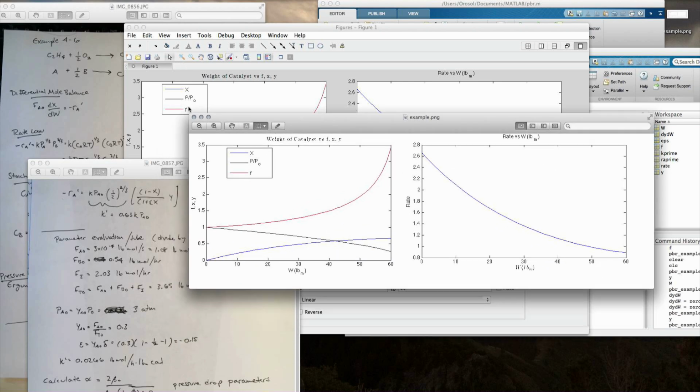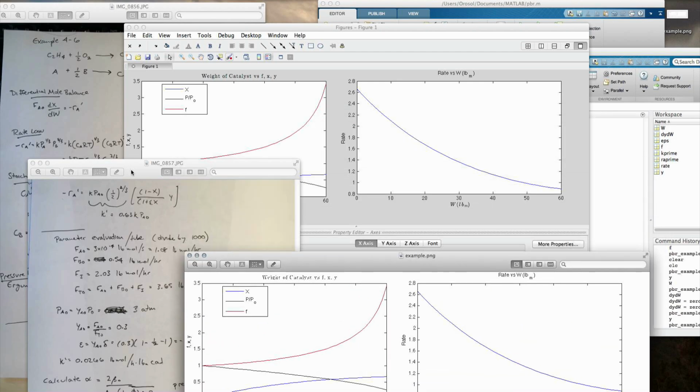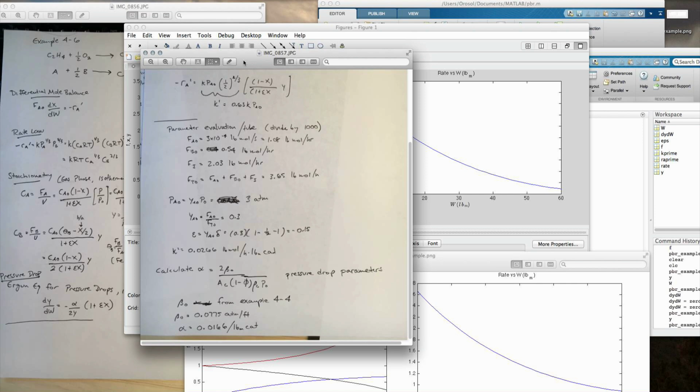Recap of how to do this. We started out by writing down the equations that we need to solve: the mole balances, the pressure drop, and then everything else is just variables that we need in order to solve these, so the rate and the concentrations.